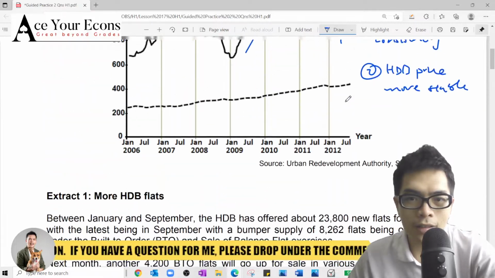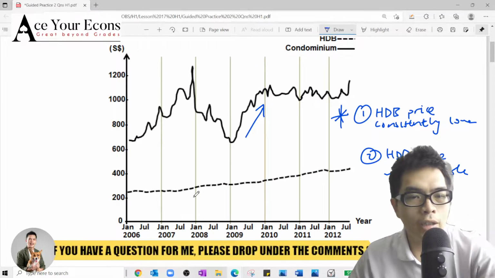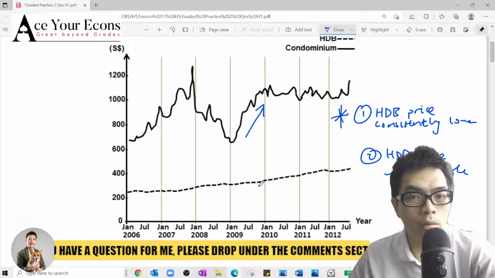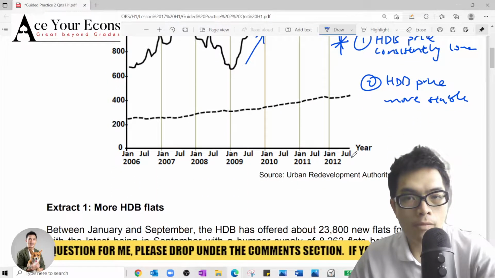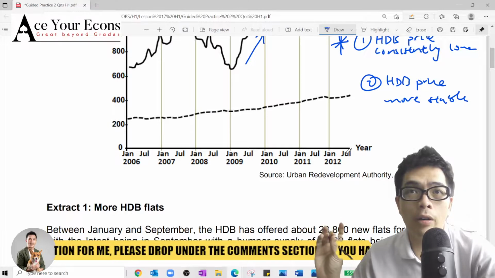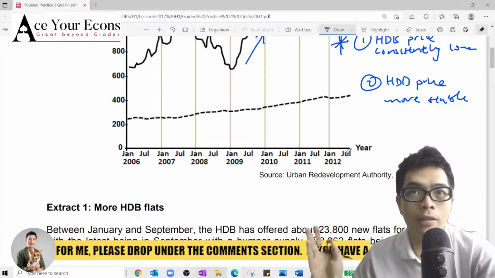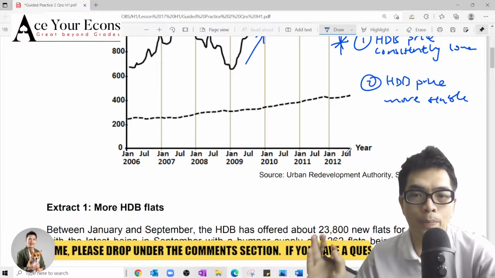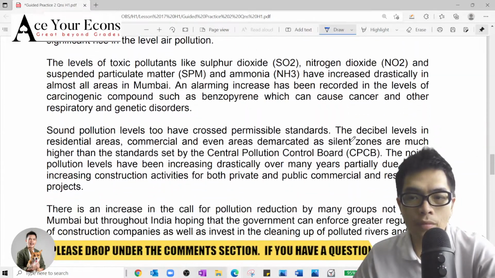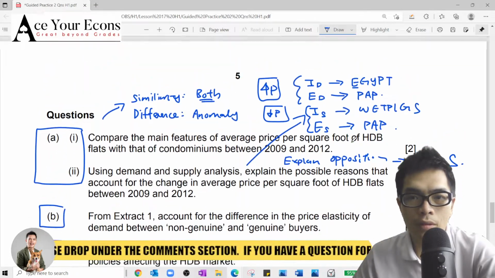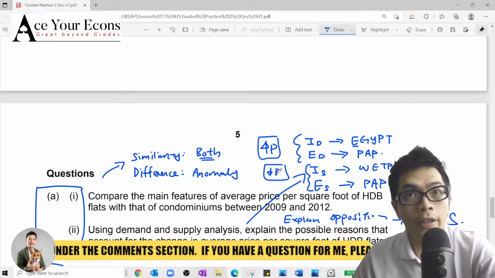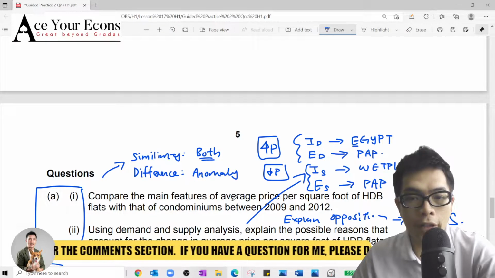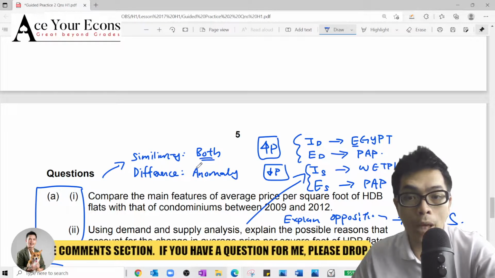Do you see that? Gradually increasing, and is consistently lower. Is everyone okay with this approach, or do you understand this approach? It's important to list this opposing factor here in order to justify A part 1.